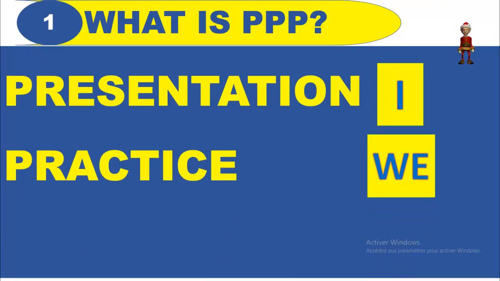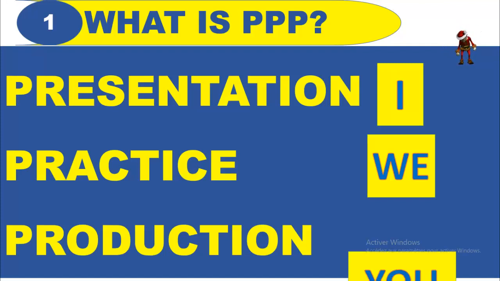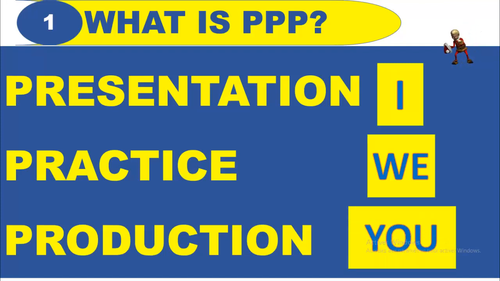I with my students, we practice. And the last phase is production, produce something. The students, you produce. So I, the teacher, and the students work together, and you, the students, work without any help. They work by themselves.